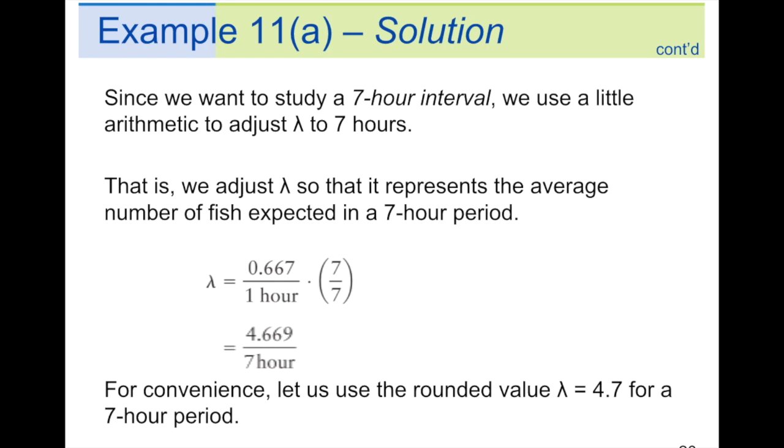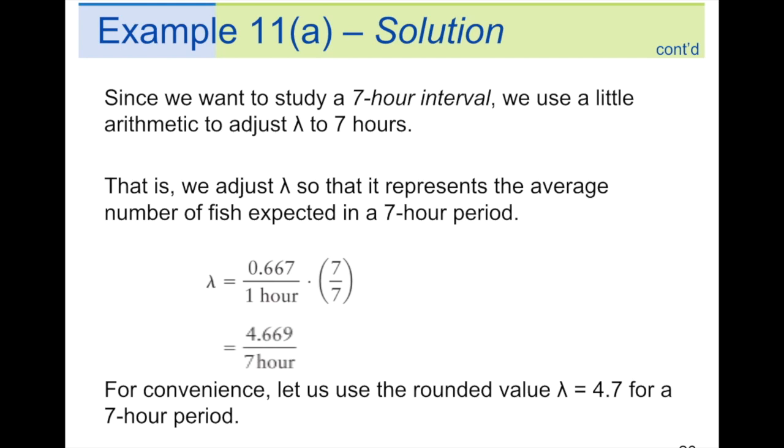Since we want to study a 7-hour interval, we use a little arithmetic to adjust lambda to 7 hours. That is, we adjust lambda so it represents the average number of fish expected in a 7-hour period. So in 1 hour, it's 0.667.